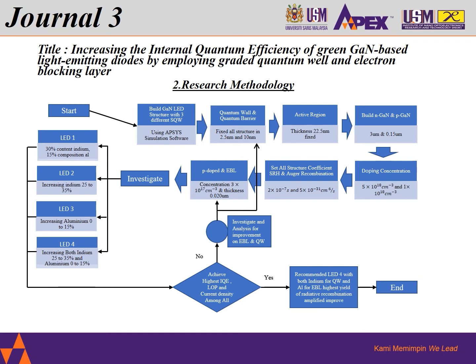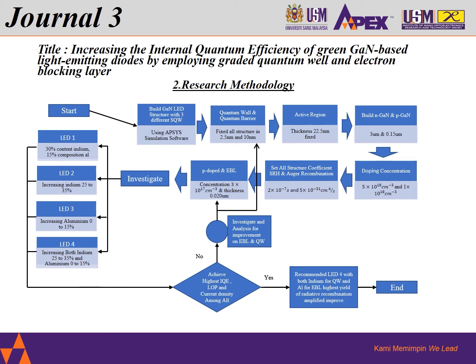As for the result, of the 4 LEDs, LED 4 will achieve the highest IQE, light output power and also current density among all. So we recommend LED 4, with indium for the quantum well and aluminum for the EBL, which will give the highest yield of radiative recombination, amplified and improved.